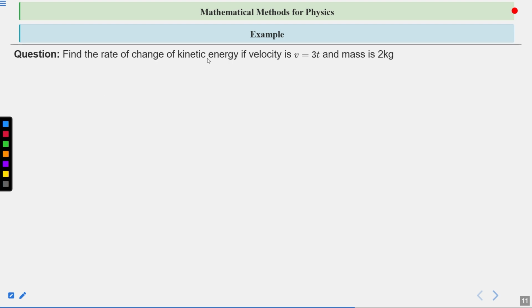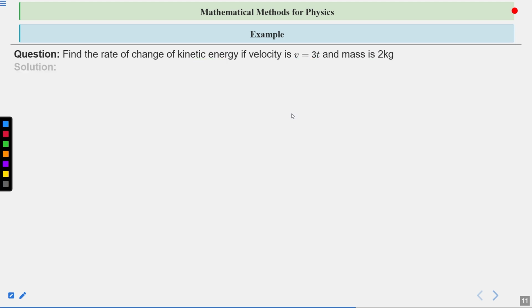Find the rate of change of kinetic energy if velocity is v equal to 3t and mass is 2 kg. So here you have to find out the rate of change of kinetic energy. Before finding the rate of change of kinetic energy, the question arises: what is kinetic energy? What is the formula of the kinetic energy?